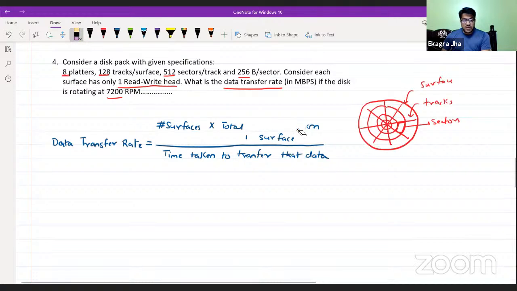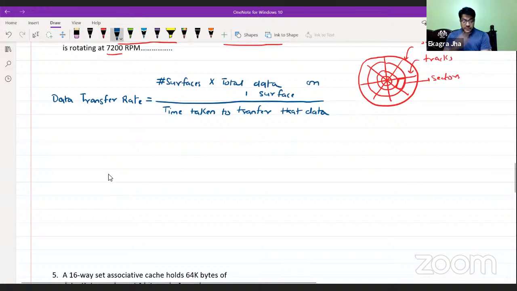The total time taken is not correct. Total data should be there: total data on one surface divided by the total time taken to transfer that particular data on the surface. Correct this one as total data on one surface. Now first you need to find the total data on one surface.